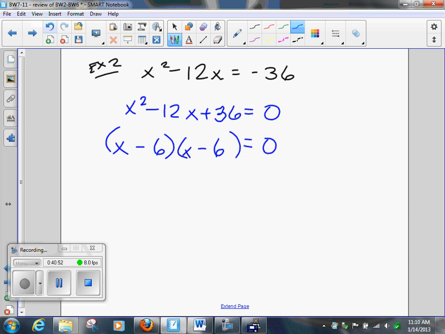I have 2, but we're only going to write it how many times? Once. The solution is 6. We only write it once. Don't write 6 twice. But this is actually called, do y'all remember what we call it? It's a double root. Facile, difficile. Facile. Thank goodness, right?